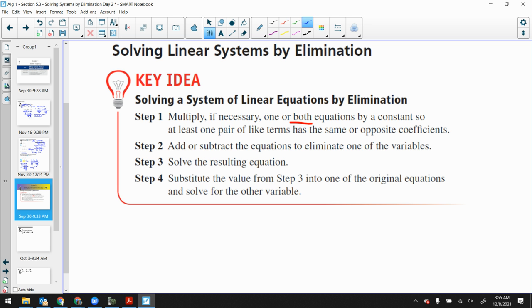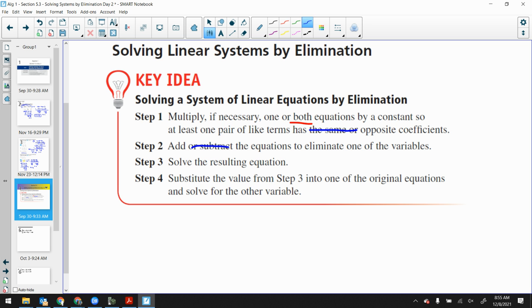So now what we're going to be doing is multiplying both of the equations by a constant. Remember, we crossed out this constant, so at least one pair of like terms has opposite coefficients, right? That's what we're really doing here. We're getting them to be opposites so that we can add the equations. Because again, we don't subtract. I did teach subtraction in my first couple of years.